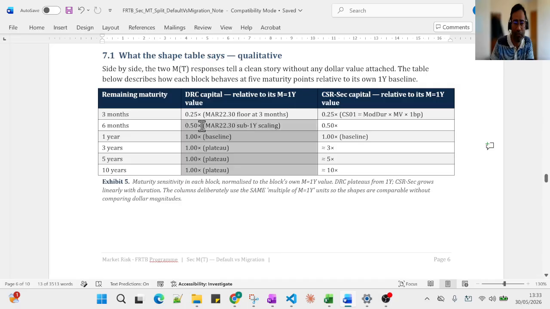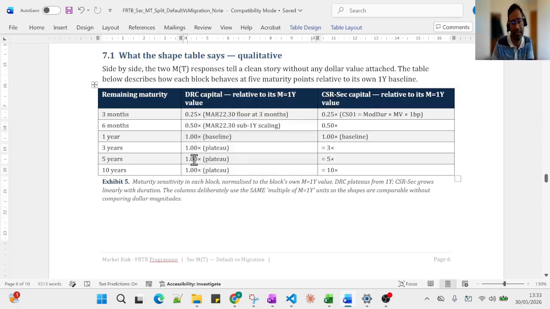Okay, you see that for DRC, it does not increase. Your DRC is not increasing with maturity. Okay, it plateaus after 1 year. And for the CSR, they are saying that it roughly scales with the maturity. Okay, you see 3 written here. It is a rough estimate.